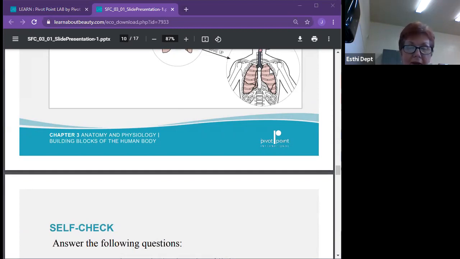Tissues make up organs. And cells are the basic units of living matter, and they make up tissues. So cells, tissues, organs, systems.